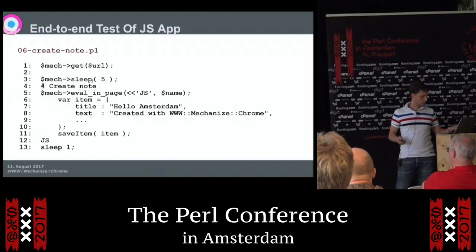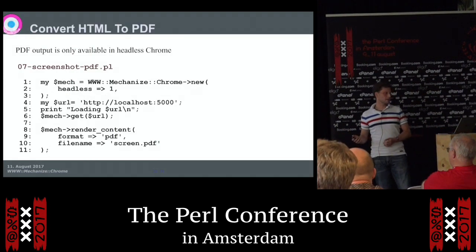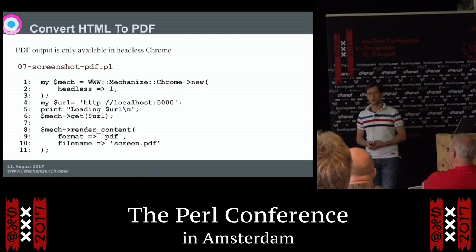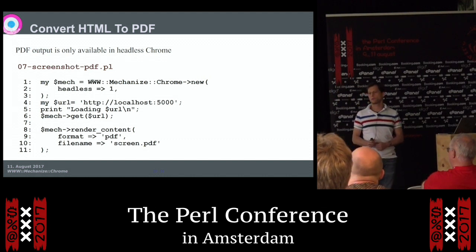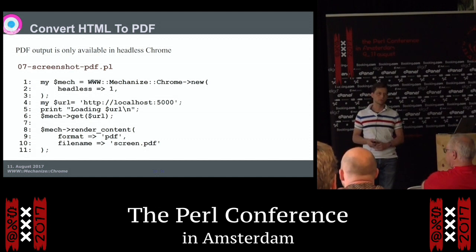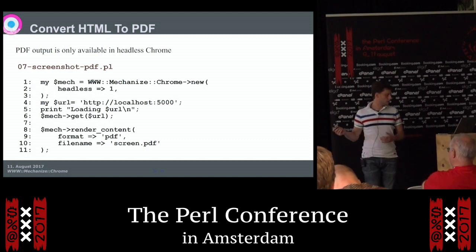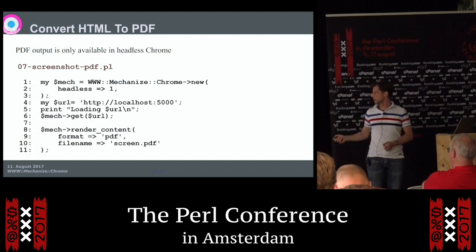But testing is not everything. Chrome can also convert HTML to PDF. So if you are not happy with your current solution of converting HTML to PDF, you can also use Chrome for that. That's what the render content method is for.